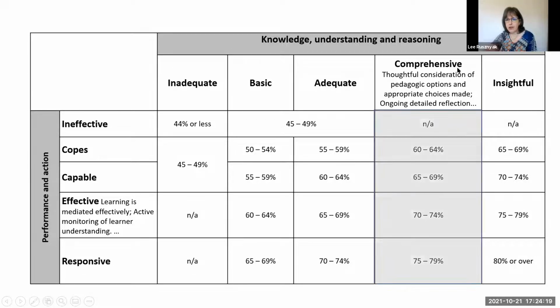For example, a student who is at what they call a comprehensive level gives thoughtful consideration to the pedagogic options, makes appropriate choices, and there's detailed ongoing reflection. Each of those is defined. If one looks then on the left-hand side, in terms of the visible dimensions of classroom action, the performance and the action, again, 5 levels are defined and described.